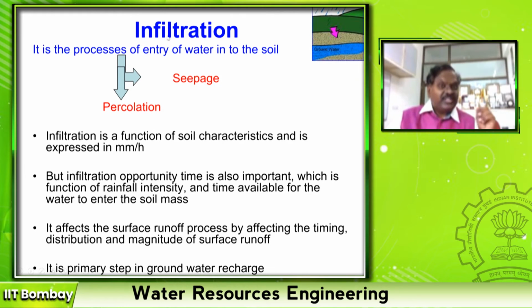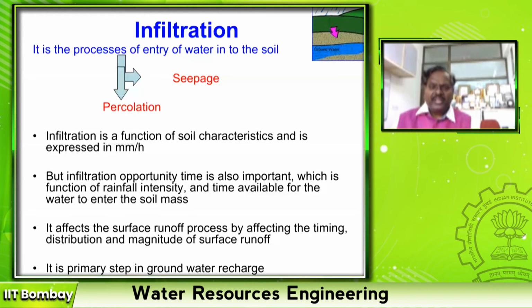This infiltration is the major input for groundwater hydrology. Groundwater hydrology is the study of water below the earth, and it is rainfall only that reaches the groundwater. And like other hydrological processes, infiltration is also expressed in terms of mm per hour.